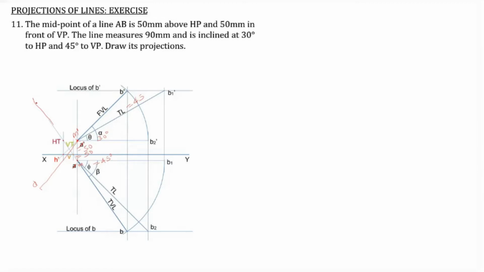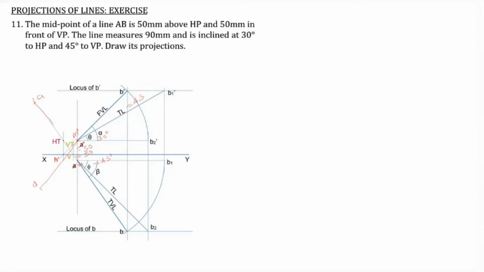So somewhere here, it is A. In our problem, it may not be crossing the XY line, but in some cases it may cross. Here it is not crossing, because the distance of the midpoint from the XY line, 50 mm, is sufficiently long, so that the point A dash will be above the XY line and the point A will be below the XY line.